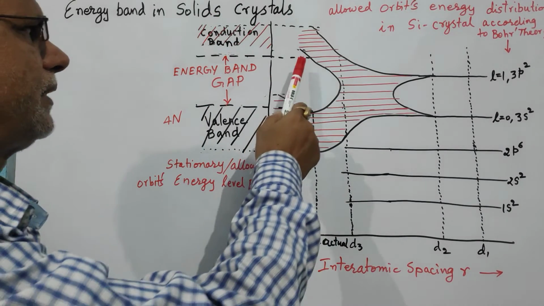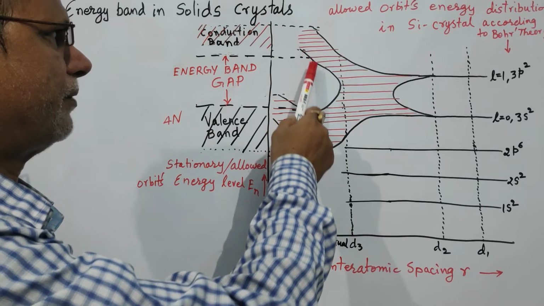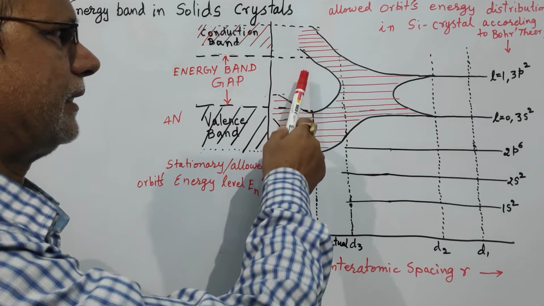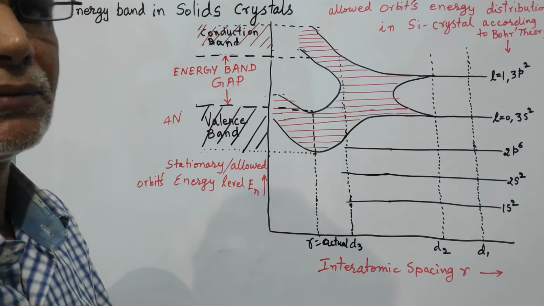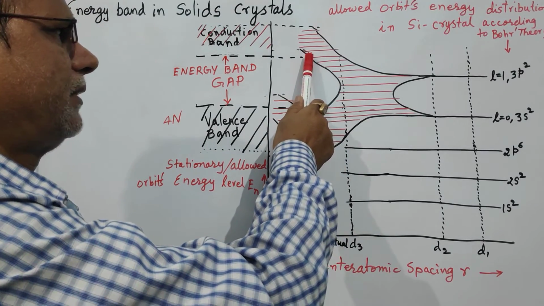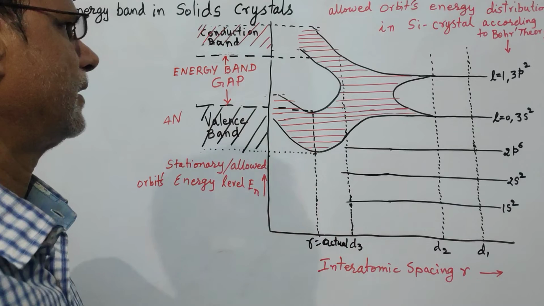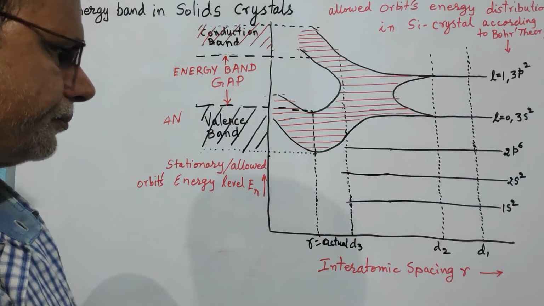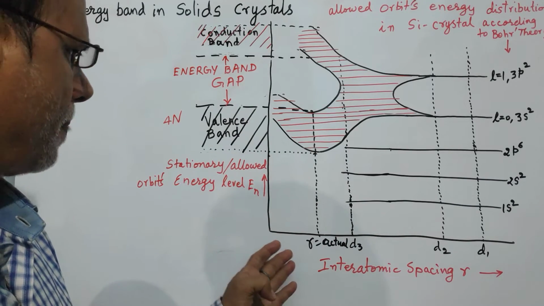So the gap between the conduction band, where the electron starts conducting or is capable of becoming a free electron, and the valence band is known as the energy band gap.